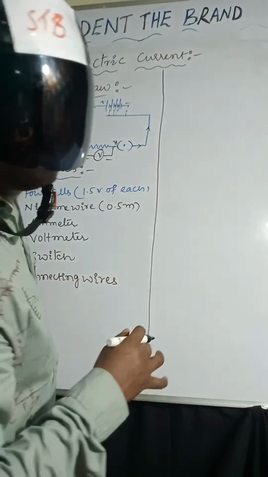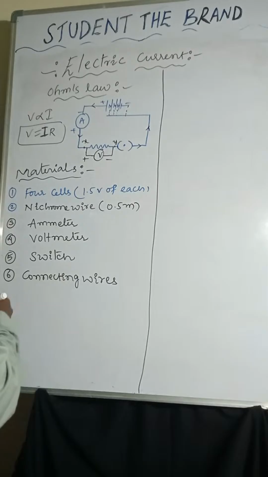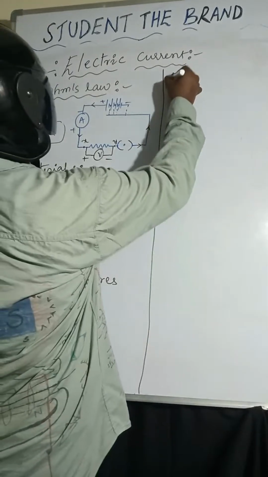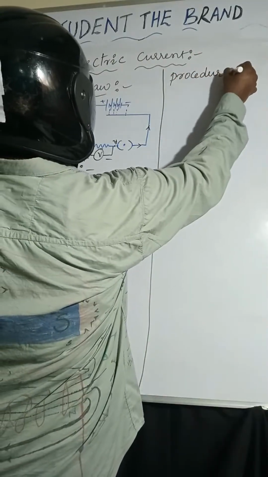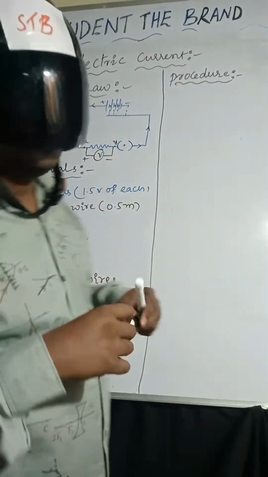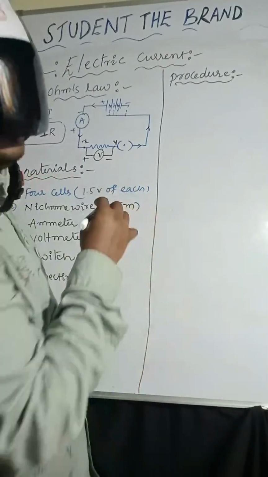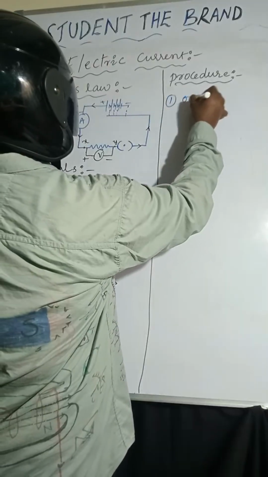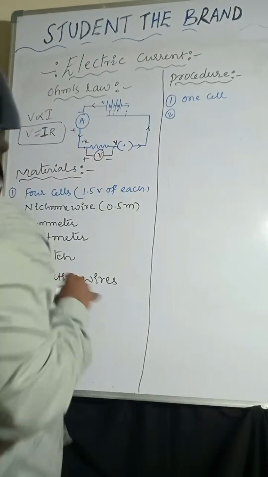So now, the procedure. What is the process? First connect one cell and note down the reading of ammeter and voltmeter.